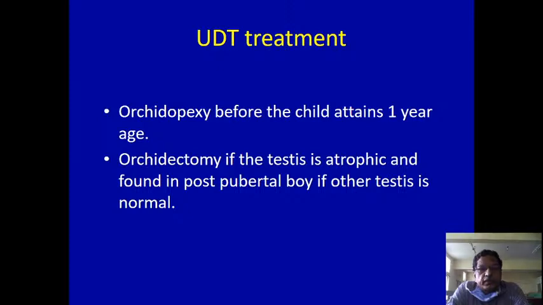See, the main problem is to gain length of the spermatic cord to bring it back into the bottom of the scrotum. So what do you do to lengthen the spermatic cord? There are certain maneuvers we can do. The surgery is started with a transverse incision over the deep inguinal ring.